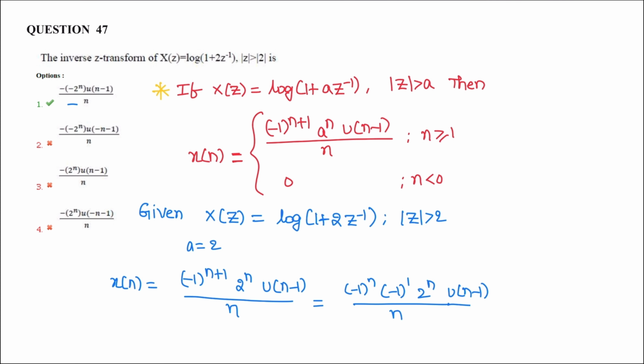Minus 1 power n plus 1 can be written as minus 1 power n into minus 1, so minus 1 power n into 2 power n can be written as minus 2 whole power n.